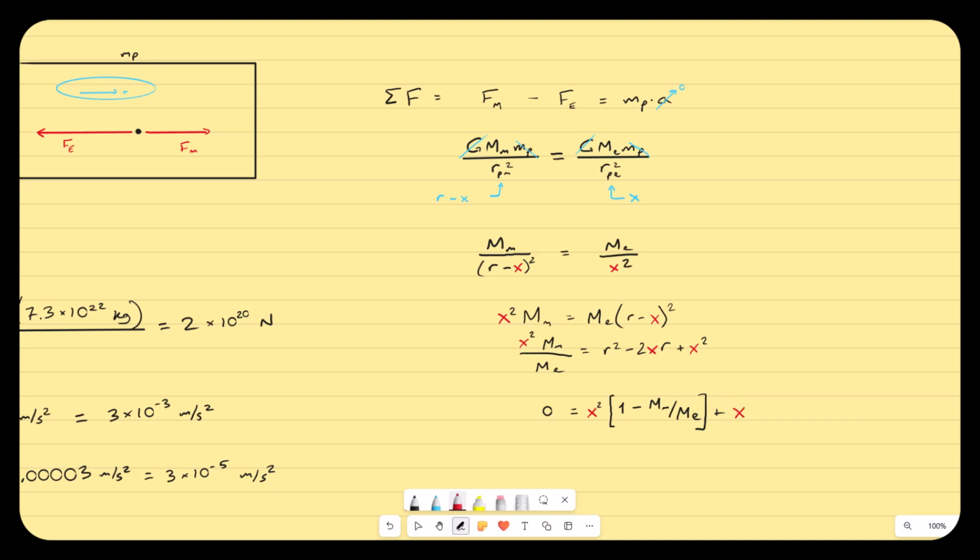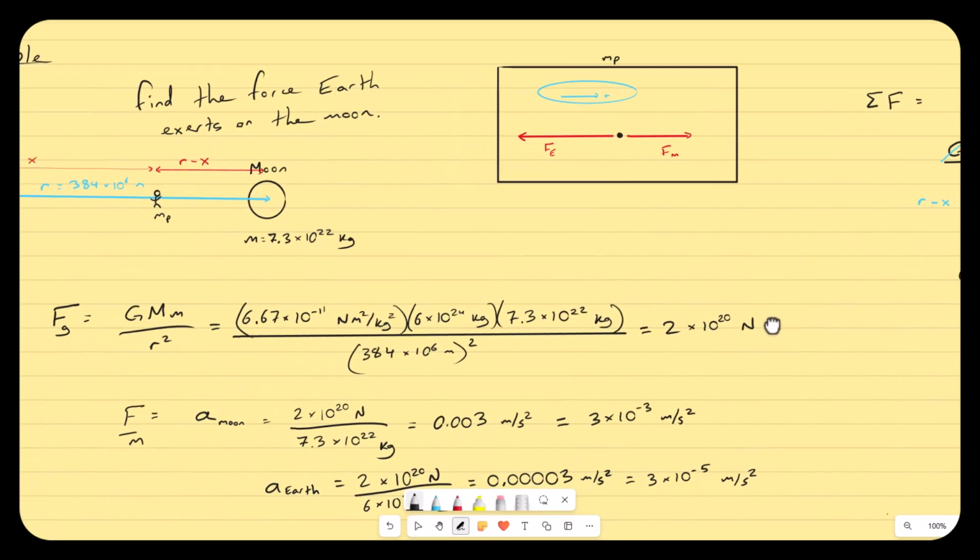Got a term with just x, and that is times negative 2r. And I've got a term with no x at all, and that is just r squared. This thing looks like a quadratic equation. Here's my a, here's my b, here's my c, and I remember the values that I need to plug in, so let me grab these values.